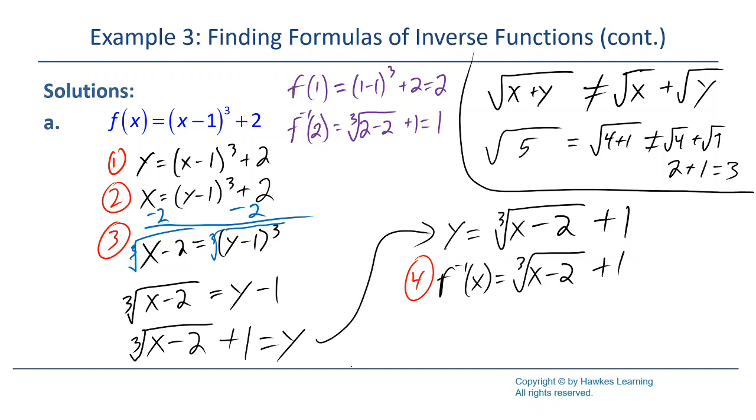And this is a good way to test it, pick easy numbers. Like I picked 1, and then I got out 2, and then I checked and said, okay, if I plug in 2 to the inverse, do I get out 1? And I did. Now, are there times where you may just get extremely lucky and mess up somewhere in your algebra and still get the right answer? Yes, but it's a lot less likely.